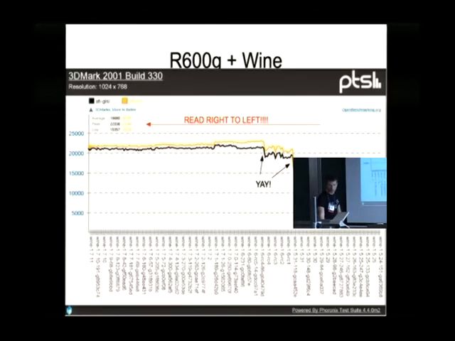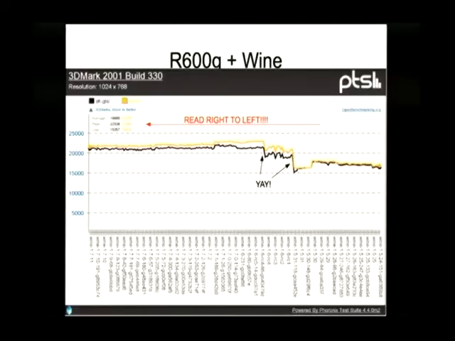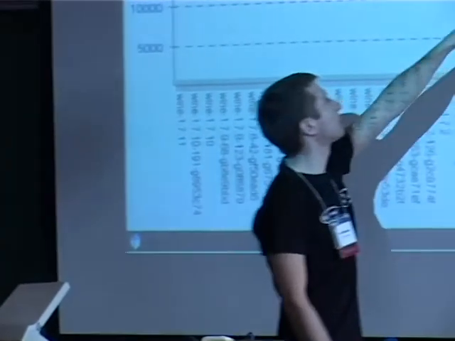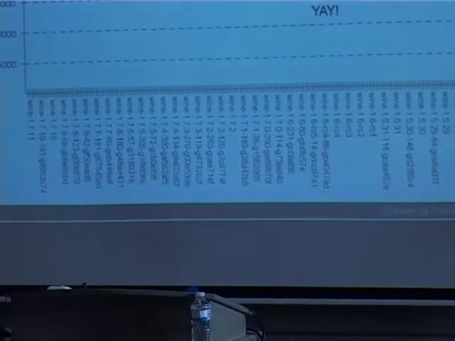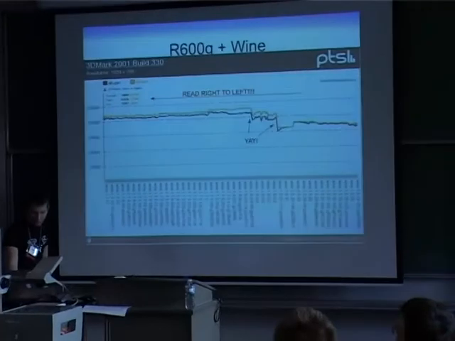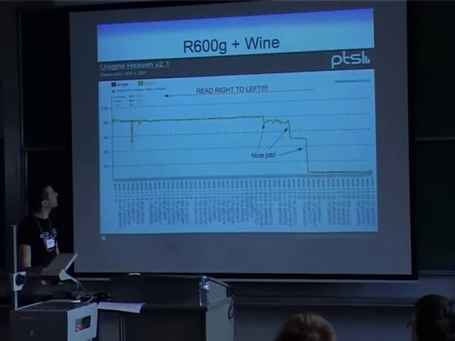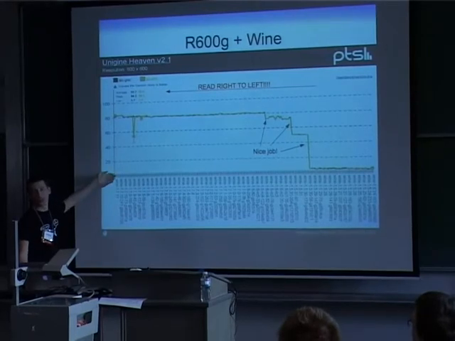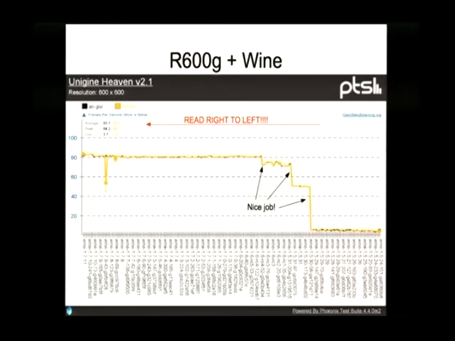On the brighter side, the R600g driver has seen some improvements, let's say here in FOSDEM 2011. Again, read this from right to left, so something that seems to go down is actually going up. And this improvement can be seen even more clearly in Unigine Heaven, which used to run at a slow 2 frames per second with the settings I'm running it at, and now it's at 80.